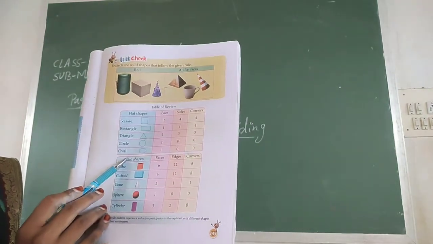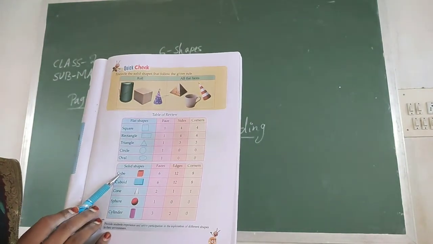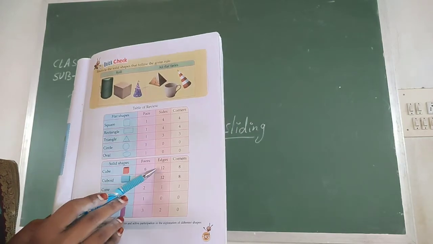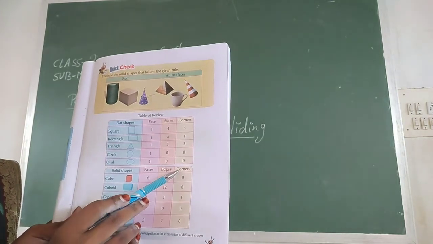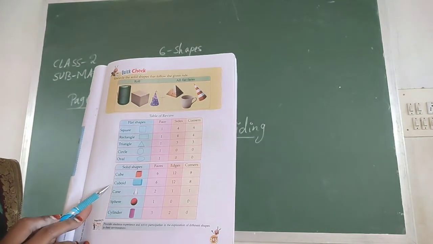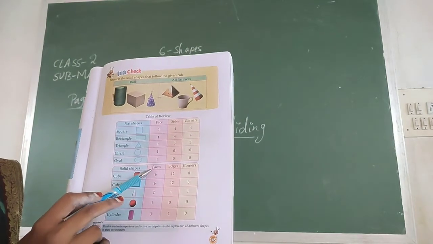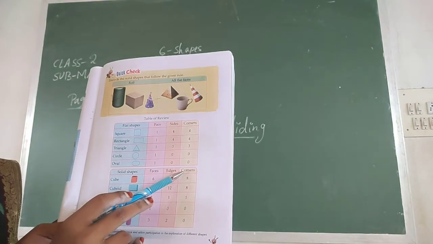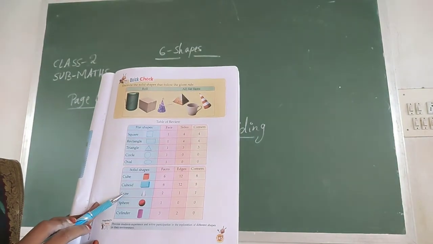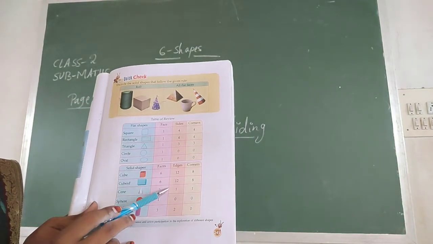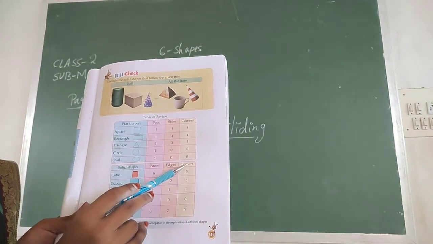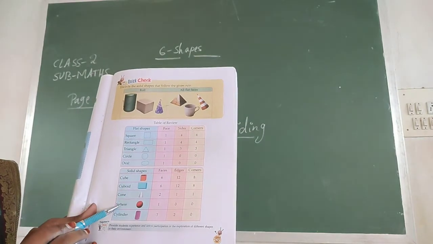Next, solid shapes. Come to the cube. Cube has 6 faces, 12 edges, 8 corners. Cuboid. Cuboid has 6 faces, 12 edges and 8 corners. Next, cone. Cone has 2 faces, 1 edge and 1 corner. Sphere.